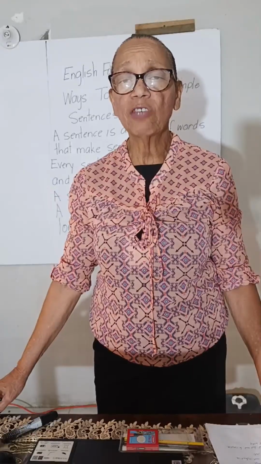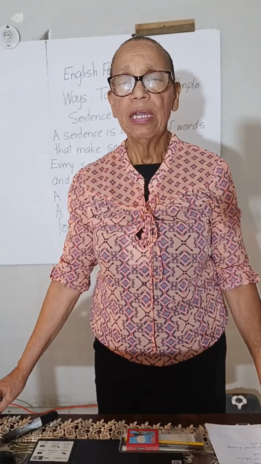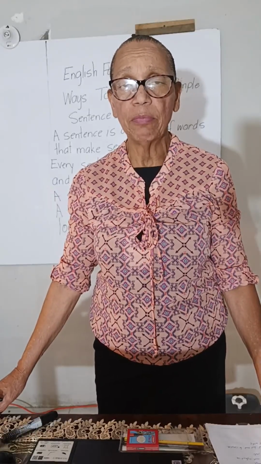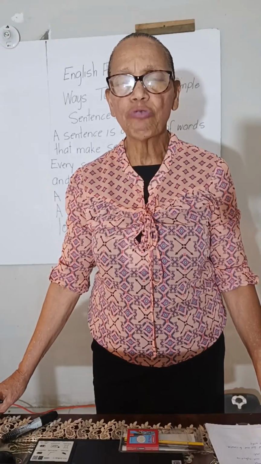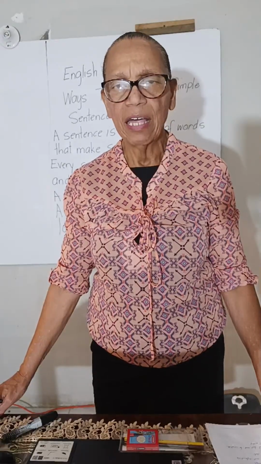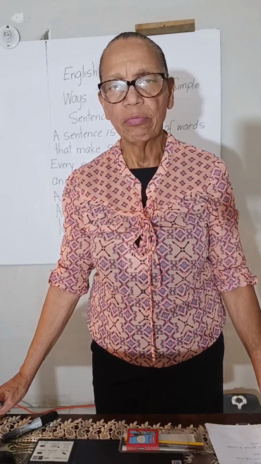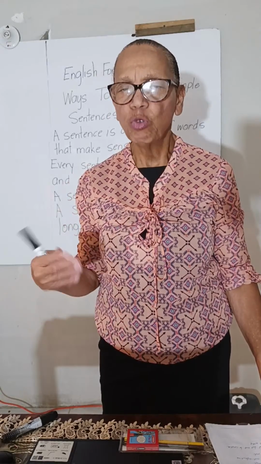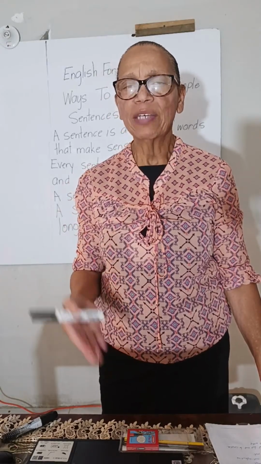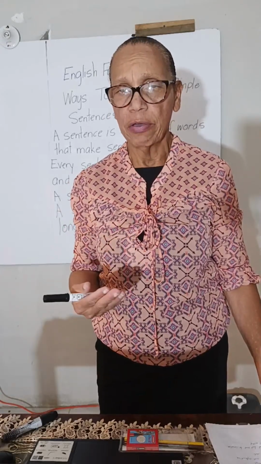If I say stop, it is a sentence with an exclamation mark, because even though it is not written, it is implied that it means you stop, you run. So a sentence can be one word.